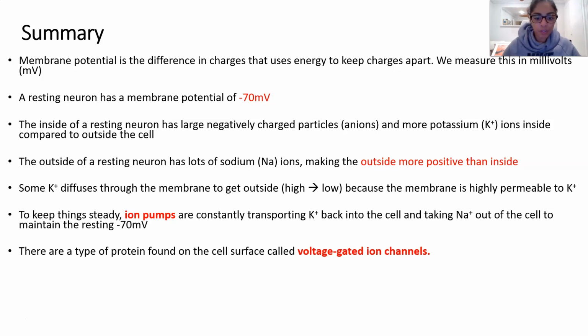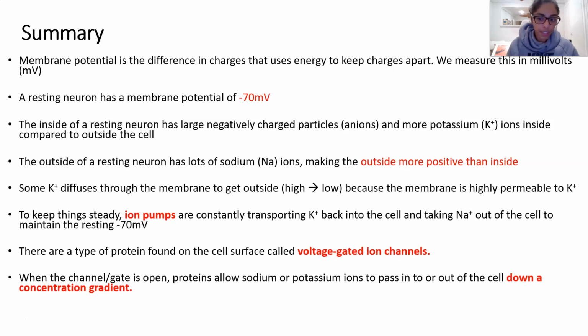There's another type of protein found on the cell surface, and those are the voltage-gated ion channels, which we're going to go on to talk about. When these voltage-gated ion channels remain open, then the sodium or potassium ions that they allow through will move down the concentration gradient by diffusion. So that's a passive form of transport. These channels are normally kept closed, however, and it's just the sodium-potassium pump working in the background.